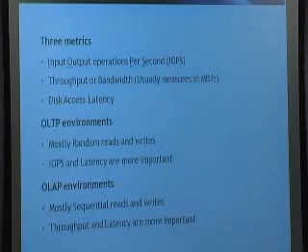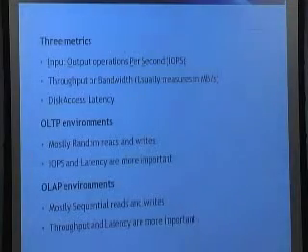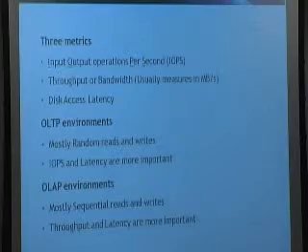So to understand the performance characteristics of a disk system, really there are three main terms that we should understand. The input-output operations per second, or IOPS. So this is simply how fast the reads or writes are happening. Throughput, or bandwidth.